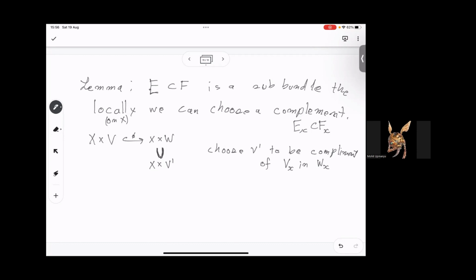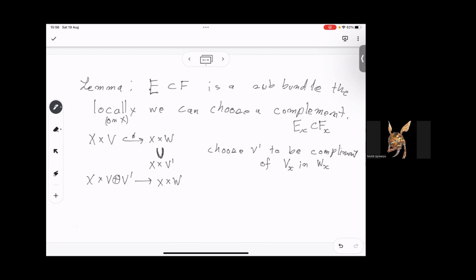So that's what we do. And this is just the obvious inclusion of X cross V prime into X cross W. Now we can take these two maps and create a new map from the direct sum to X cross W.